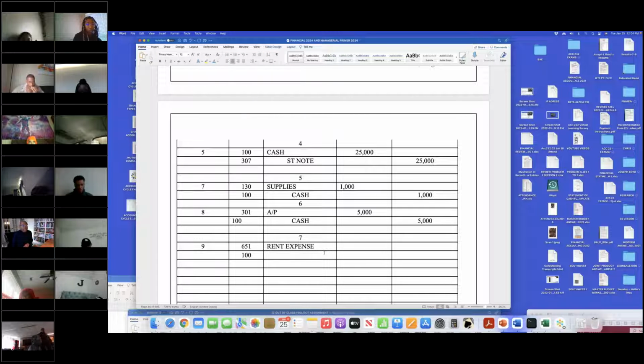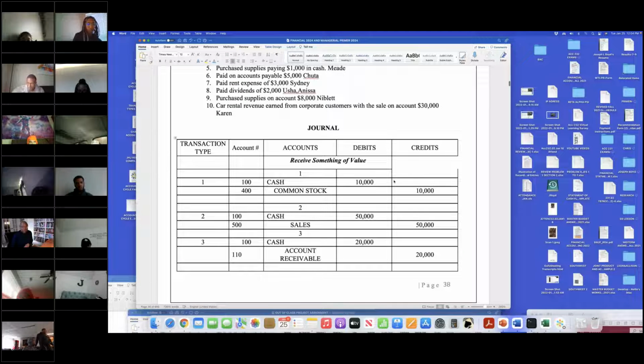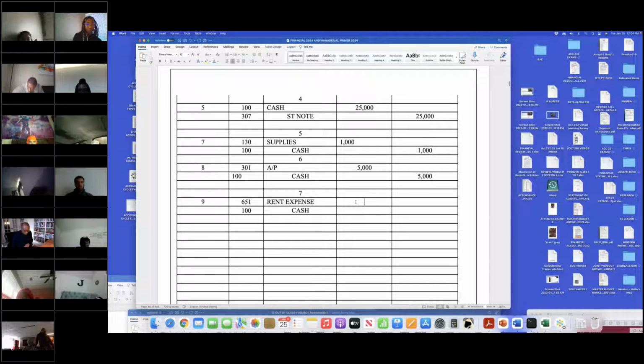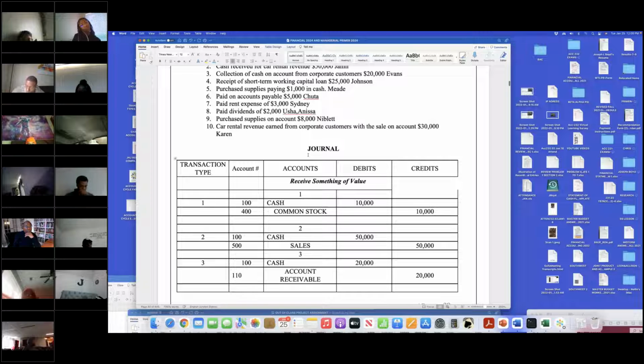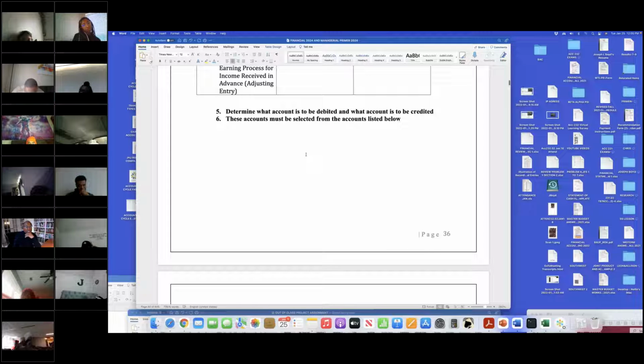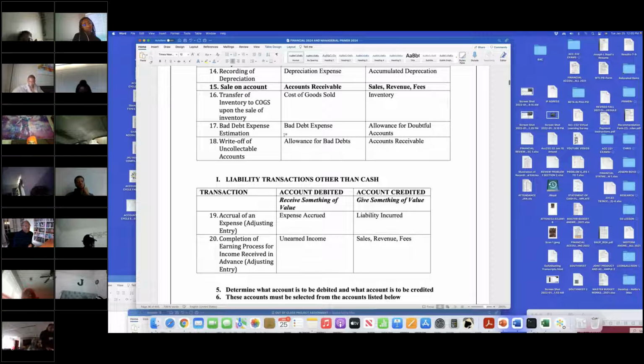We're paying $3,000 in rent. What's our next transaction? Dividends. We paid a dividend, so now we're on number 8. What type is payment of a dividend? 10. That's a type 10. What's our account number for dividends? 455.